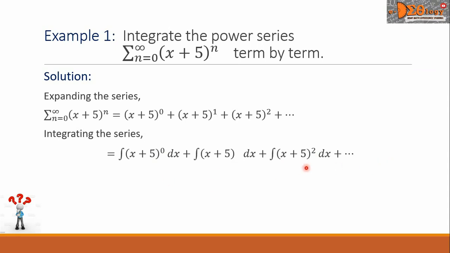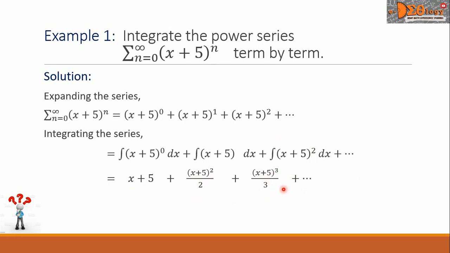When we simplify each of the terms, the first term becomes x plus 5, plus the square of the quantity x plus 5 all over 2, plus the cube of x plus 5 all over 3, plus and so on.